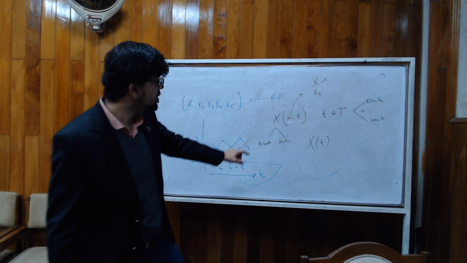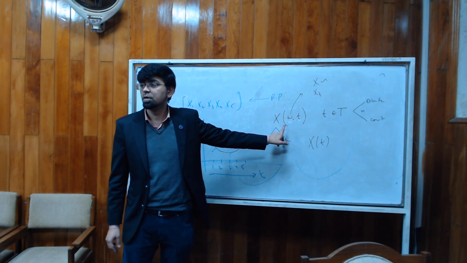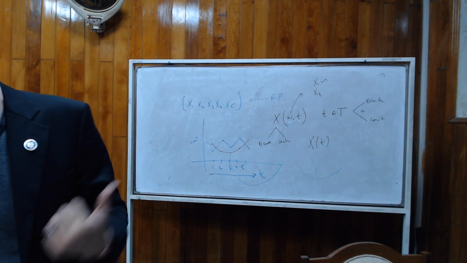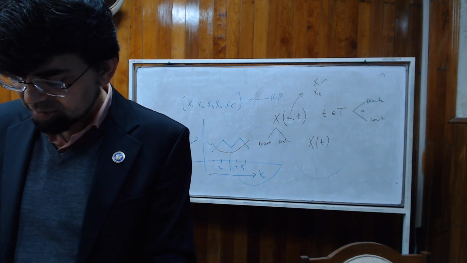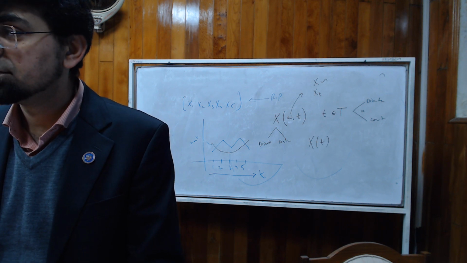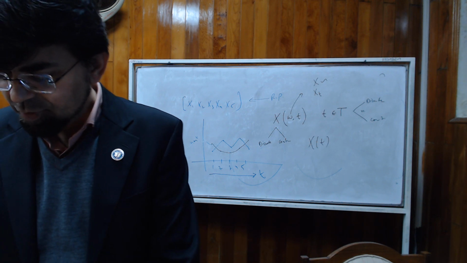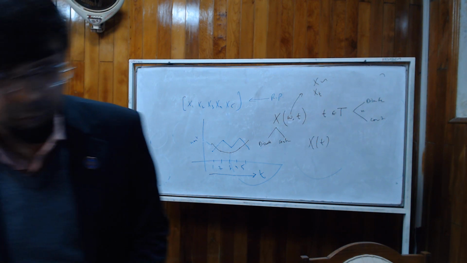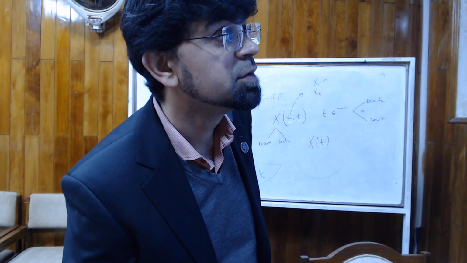Now we will continue with this one, and we'll see what the different classes of this X are: finite, countably infinite, uncountably infinite. Do you remember anything? We will try to see for each case what happens. Okay, I guess that's it for now.